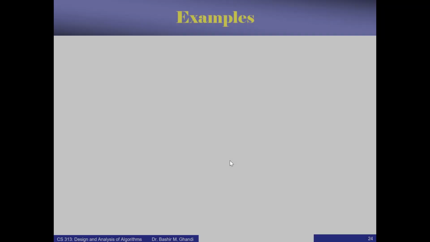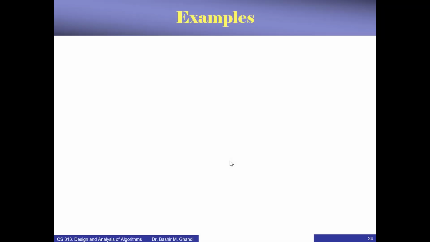What we are going to do for the rest of the lecture is to give several examples of NP-complete problems so that you are familiar with them. Okay? The first example is the shortest simple path.